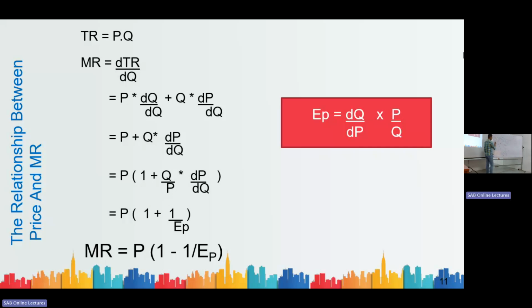When price is 15, price elasticity of demand is 2. And at this point, the corresponding marginal revenue is 7.5. That is the value we got from the expression for marginal revenue.